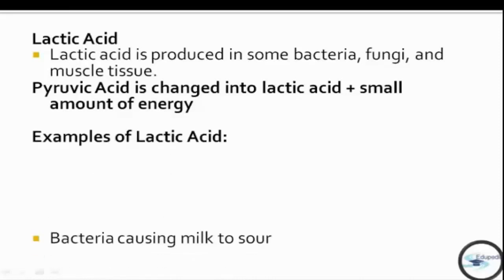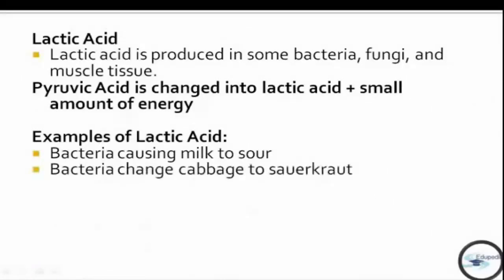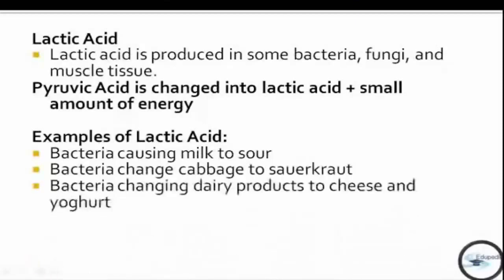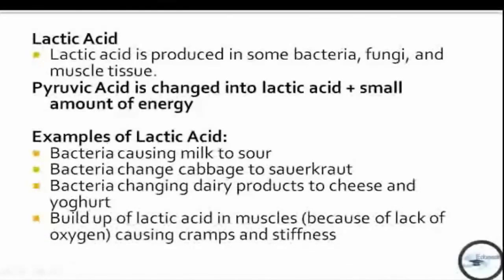Examples are bacteria causing milk to sour, bacteria changing cabbage to sauerkraut, bacteria changing dairy products to cheese and yogurt, and build-up of lactic acid in muscles, causing cramps and stiffness.